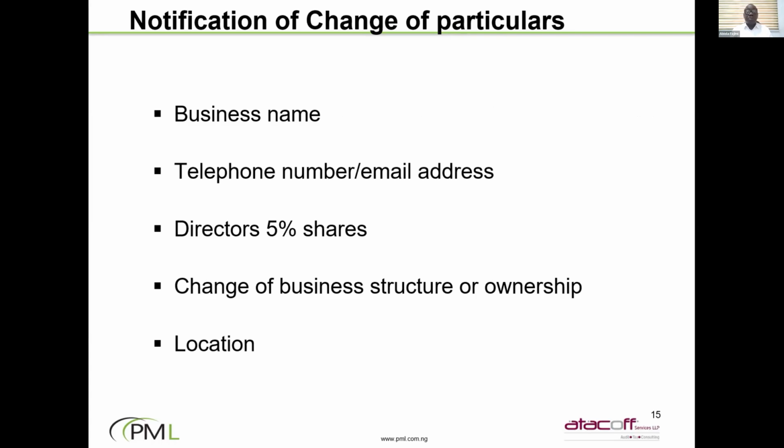If there is a change of business structure or ownership, you need to also inform them. And if there is a change of location, you need to inform NRS. I know that a couple of our clients may not even have informed NRS when some of these things happen. It's always good, and that's the law, even while they may not be enforcing it to the letter themselves.